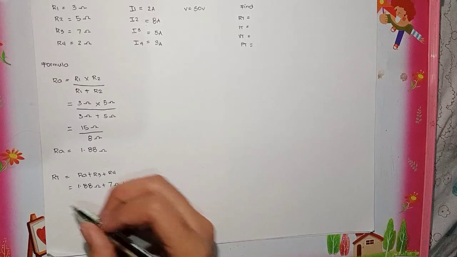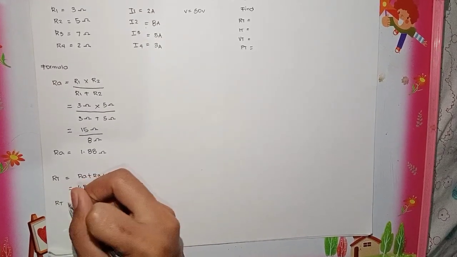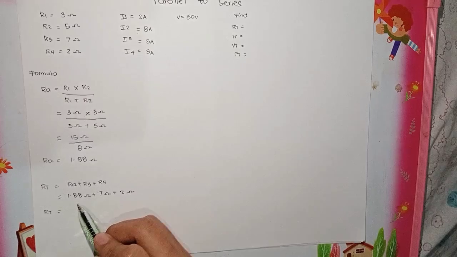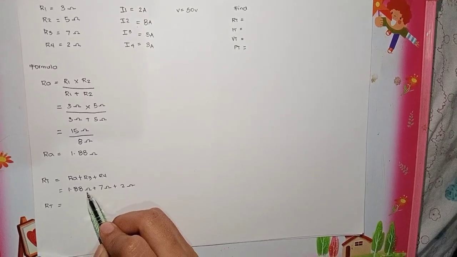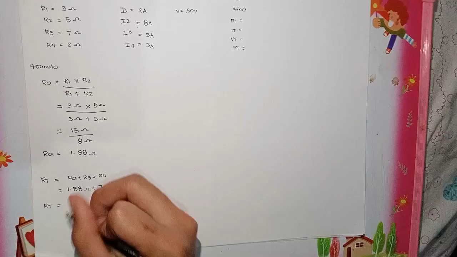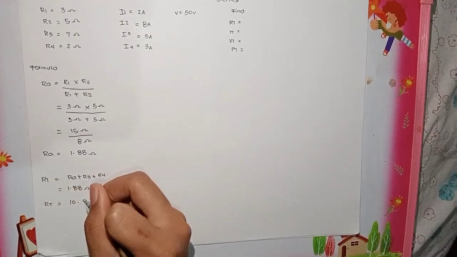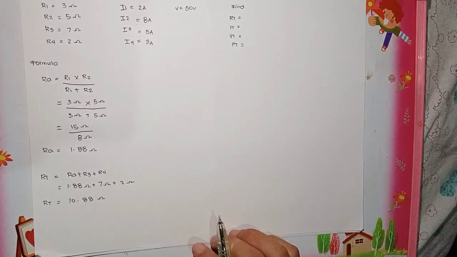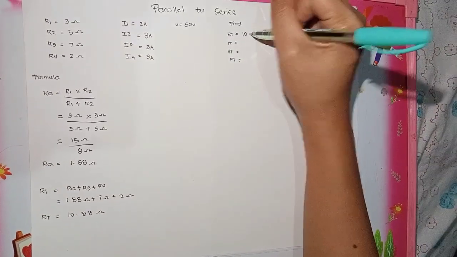Now let's add them all. 1.88 ohms plus 7 ohms plus 2 ohms is equal to 10.88 ohms. Therefore, our total resistance is 10.88 ohms.